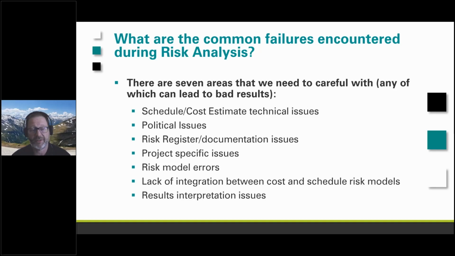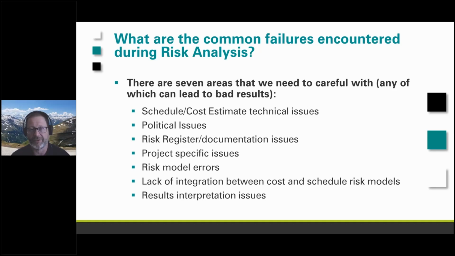The first one is technical issues in your cost model or your schedule. Political issues around the project that mean that people either won't talk about what's going on or are too busy infighting to actually step back and look clearly at the project. Issues with documentation and risk register. Issues specific to the type of project that you're in that maybe aren't well understood.